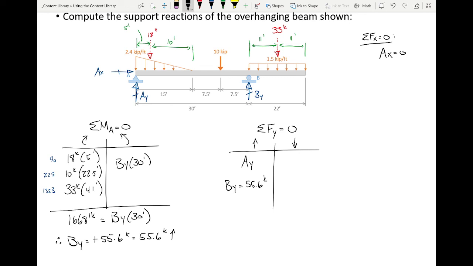And then going down, 18, 10, and 33. 18 and 33, that's 51, 61 kips. And so 61 minus 55.6, what is that? 5.4.